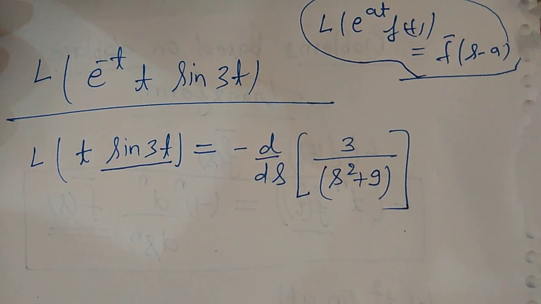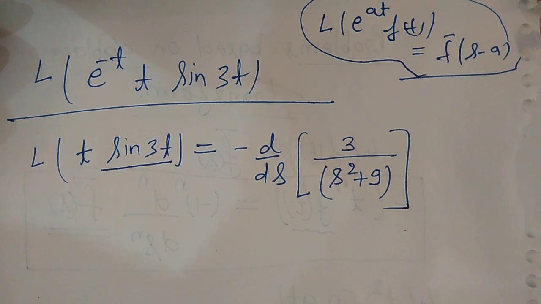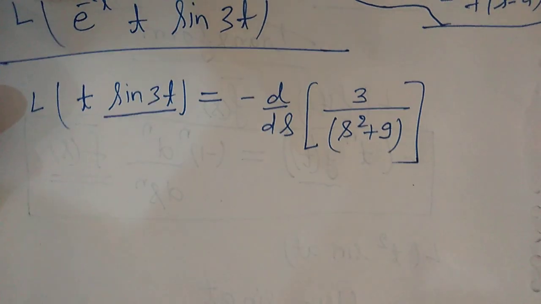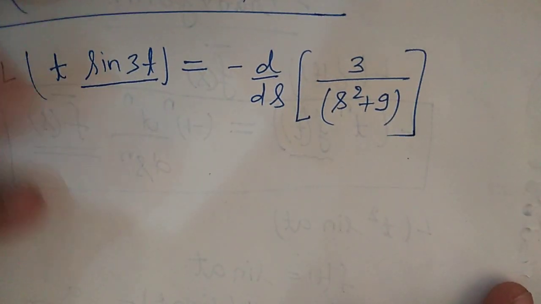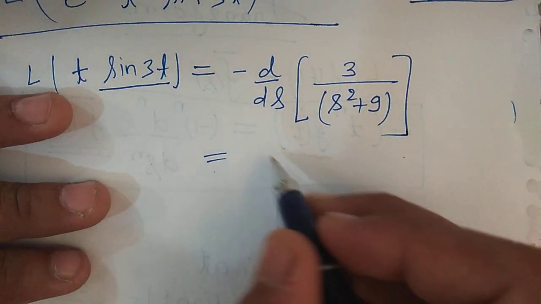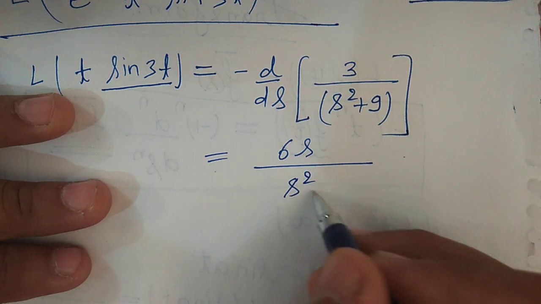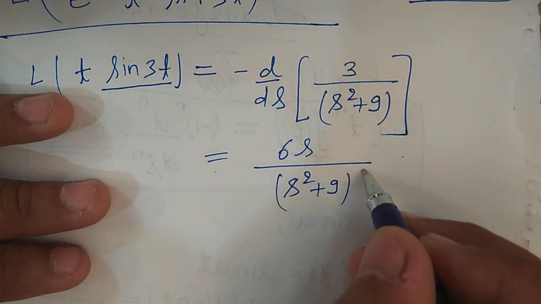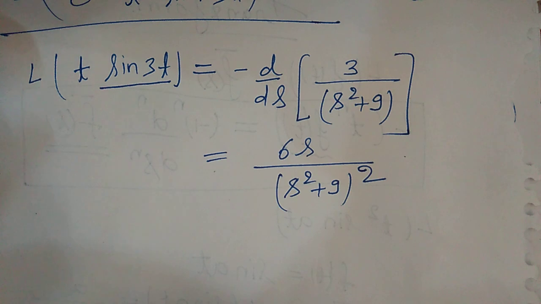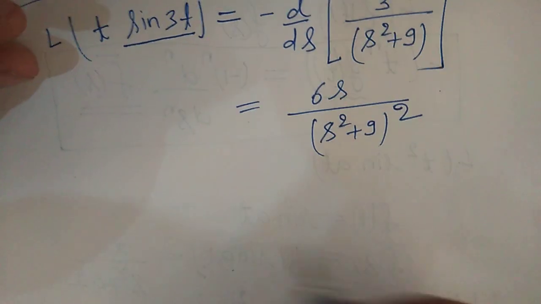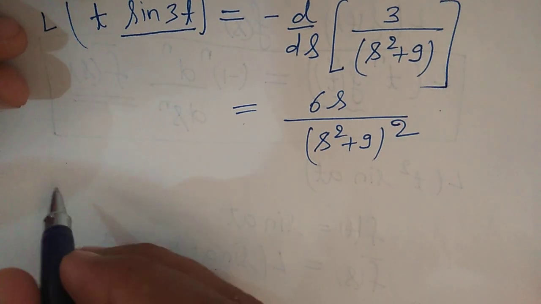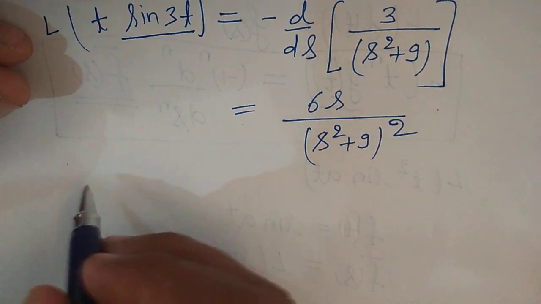So this is your Laplace of t sin 3t. Now if you differentiate once again, we get 6s by s square plus 9 whole square. This is the Laplace of t sin 3t using the formula Laplace of t power n f t.